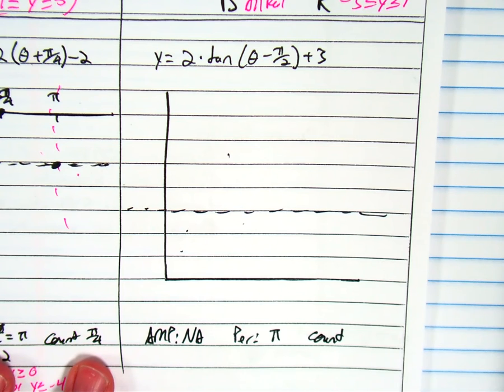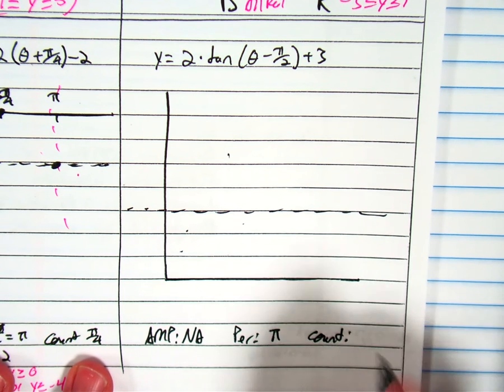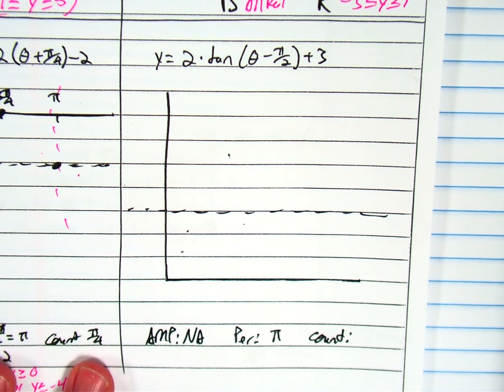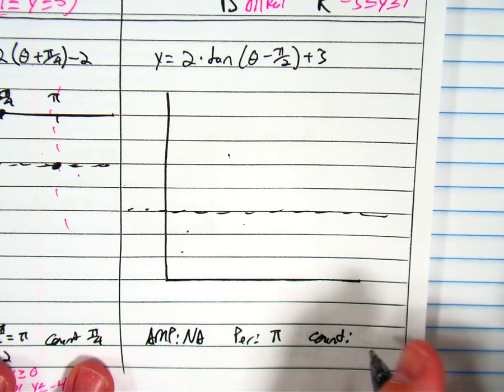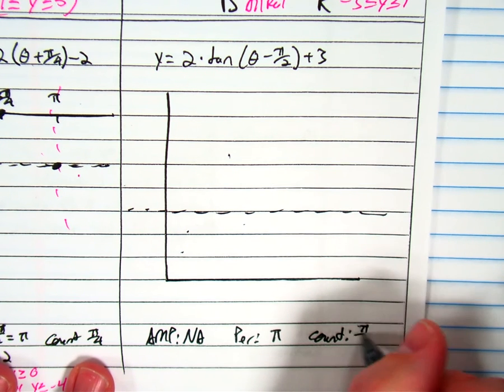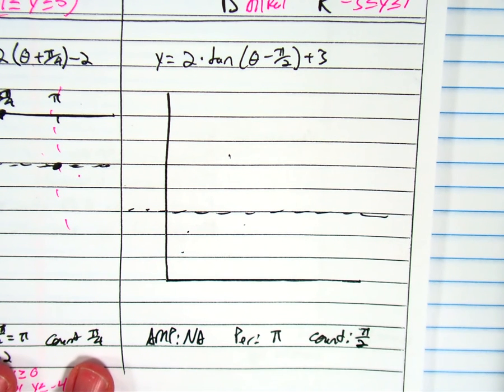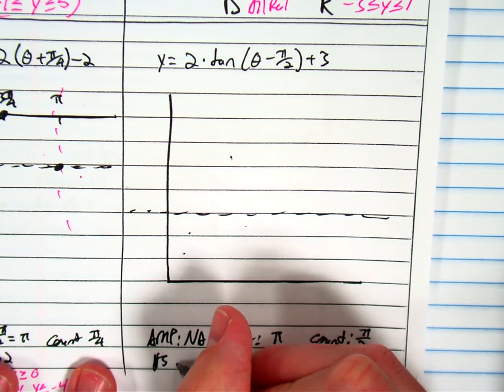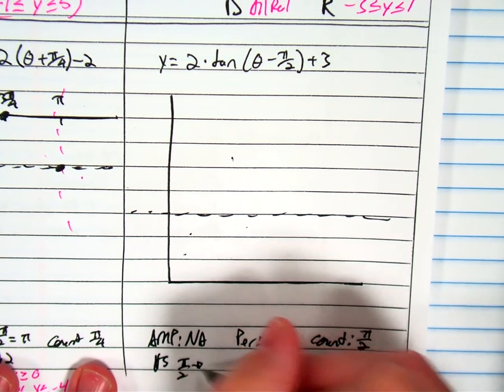Okay, counting. Tangent and cotangent are a little bit different there as well. There's only 2 important points for tangent and cotangent. So that means we're going to take your period divided by 2, because you're either an asymptote or a 0. HS, horizontal, we are pi over 2 to the right.